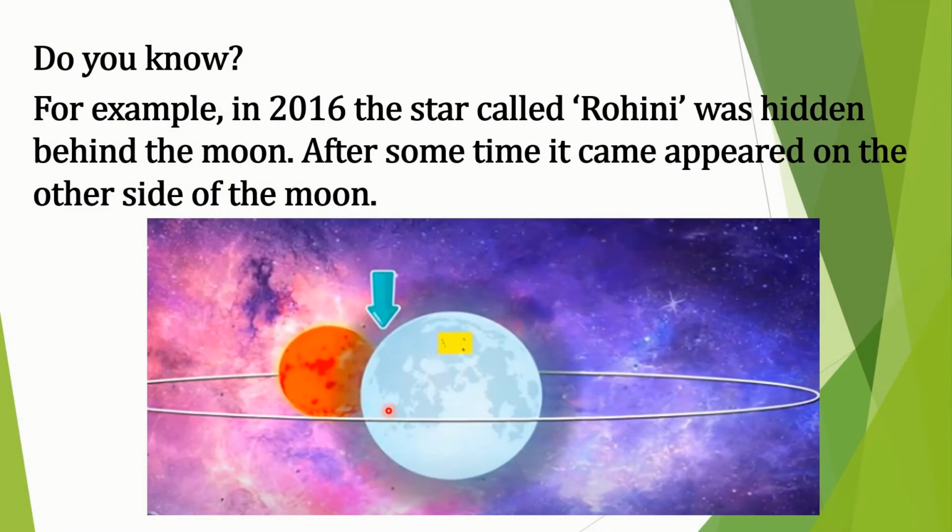For example, in 2016, the star called Rohini was hidden behind the moon. After some time, it appeared on the other side of the moon.